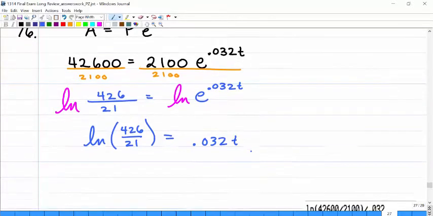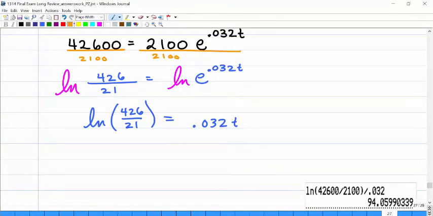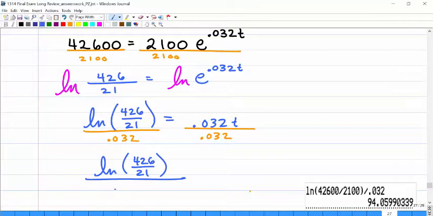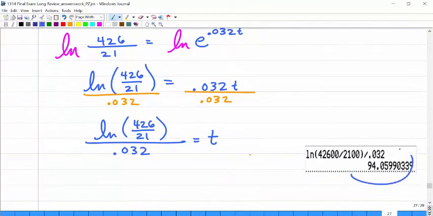Now I'm going to divide both sides by 0.032, and I get the natural log of 426 divided by 21, all divided by 0.032 is equal to t. When I type it in on the calculator, I get approximately 94.06 years.